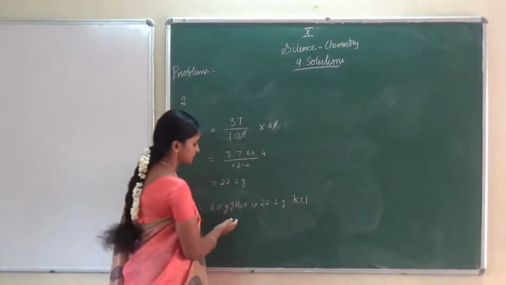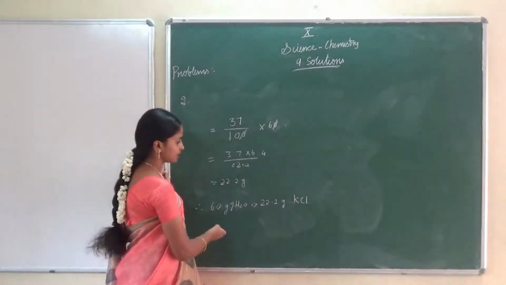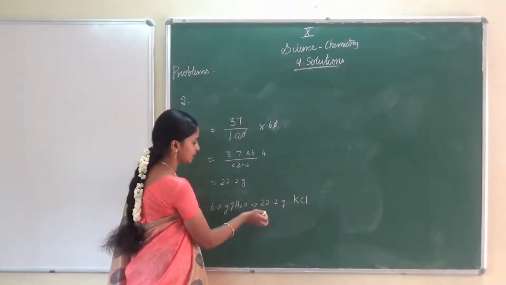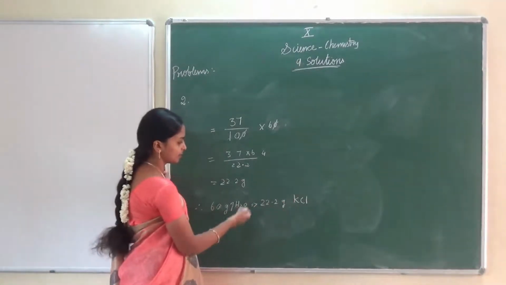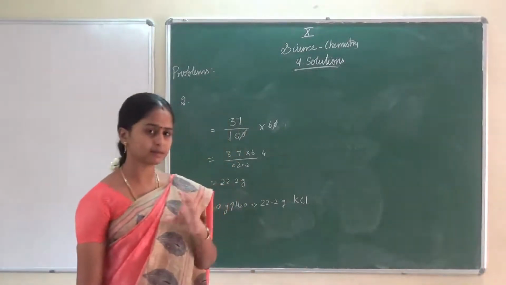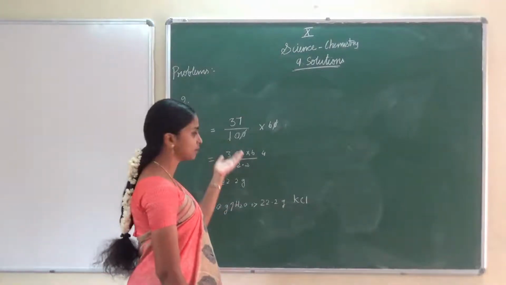Okay, this is now a saturated solution. To prepare 60 gram of saturated solution, we need 22.2 gram of KCl. Okay, suppose they didn't give it, you must remember.